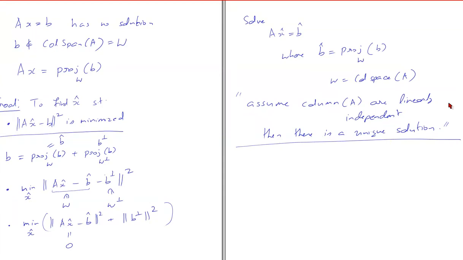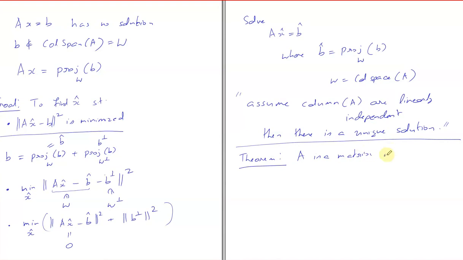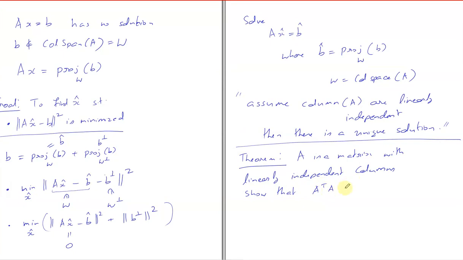Suppose you have a matrix A. So A is a matrix with linearly independent columns. Show that A transpose A is invertible.